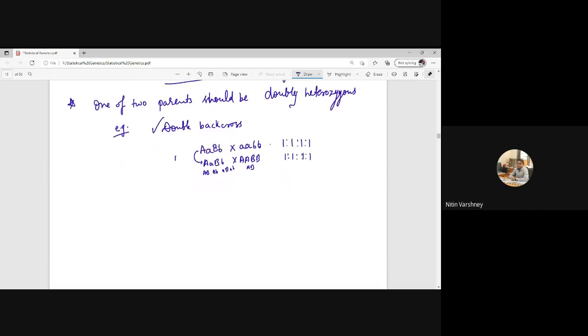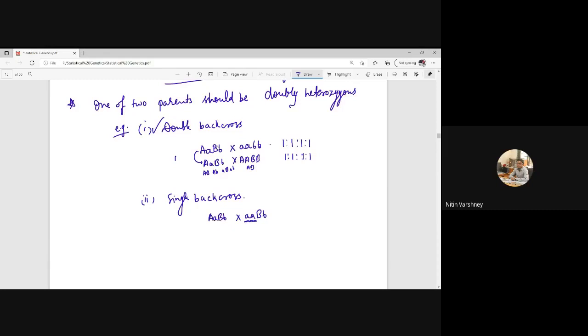Then the second one is the single back cross. If I consider a single back cross in the case of a dihybrid cross, see here, we are considering only one parent as a recessive.